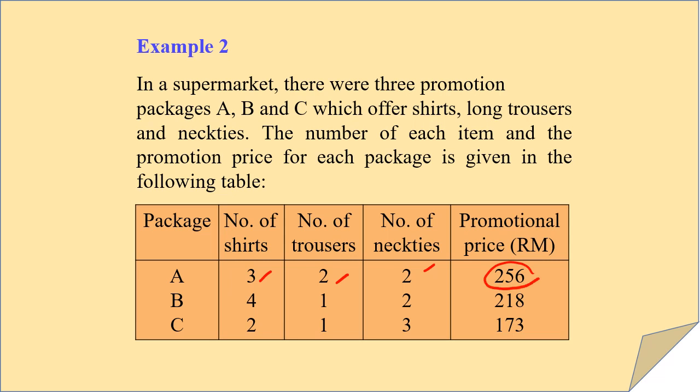For package B, we have 4 shirts, 1 trousers, 2 neckties with a promotional price of 218. And for package C, we have 2 shirts, 1 trousers, 3 neckties with a promotional price of 173.